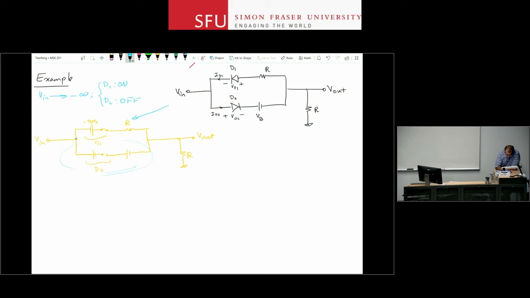And at the top branch, I notice the voltage here is V in plus VD on. Okay? And then V out is a voltage division between two equal resistors. So quickly I can see that V out is R over R plus R times V in plus VD on, or half of that value.